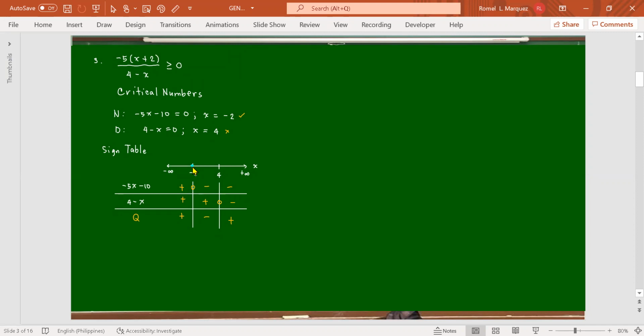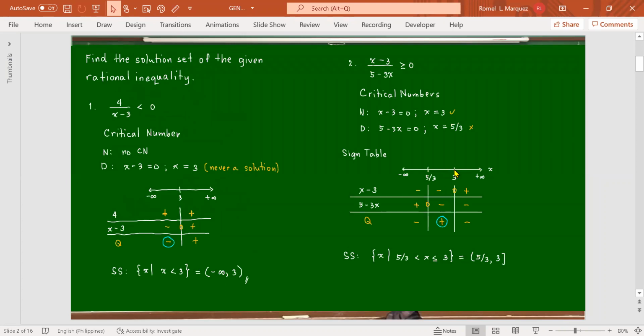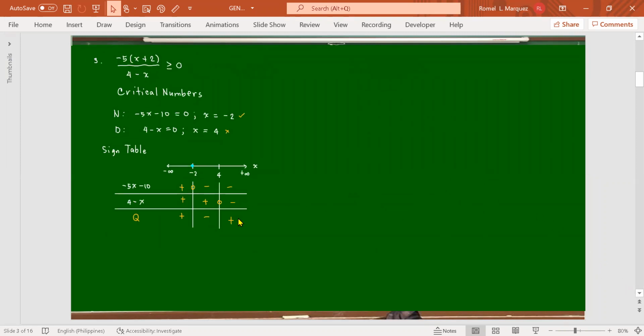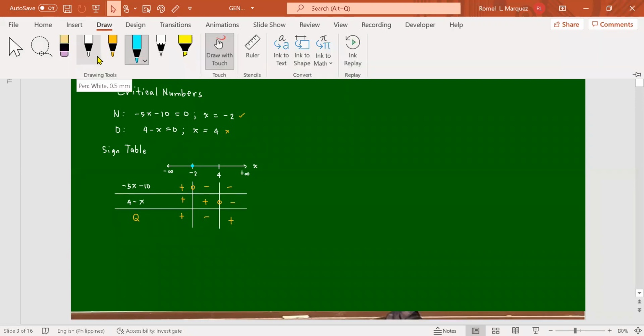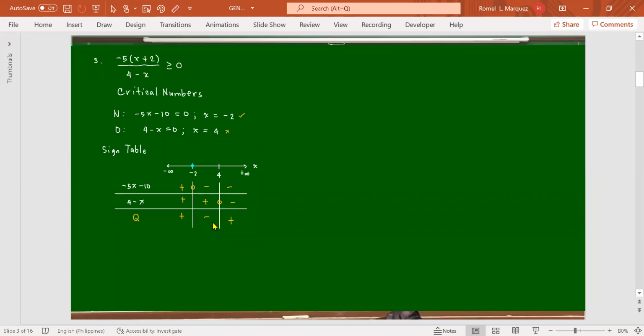We include -2. So here also, we include 3. We mark it there so that you won't forget. So what intervals am I going to consider in the solution set? Greater, so extreme left and right, no?